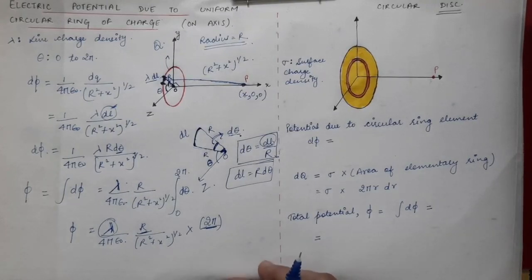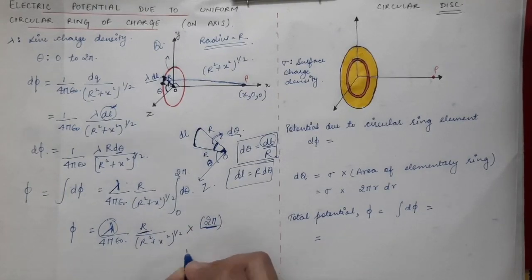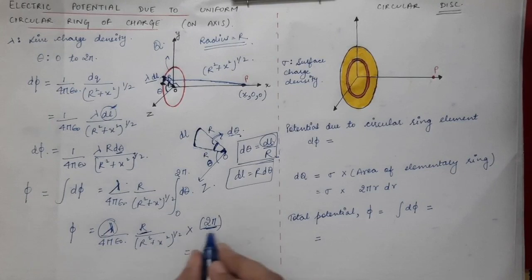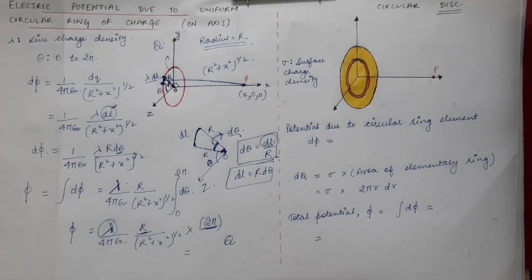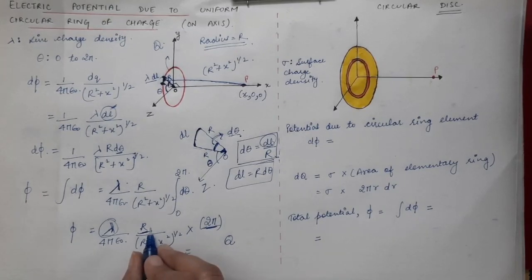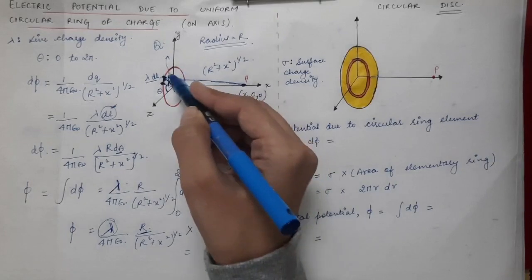So the final expression of potential due to the circular ring will be equal to, now lambda into 2 pi r will be substituted by capital Q, which is the total charge on the circular ring. 2 pi r is the circumference, or you can say the total length of this circle.